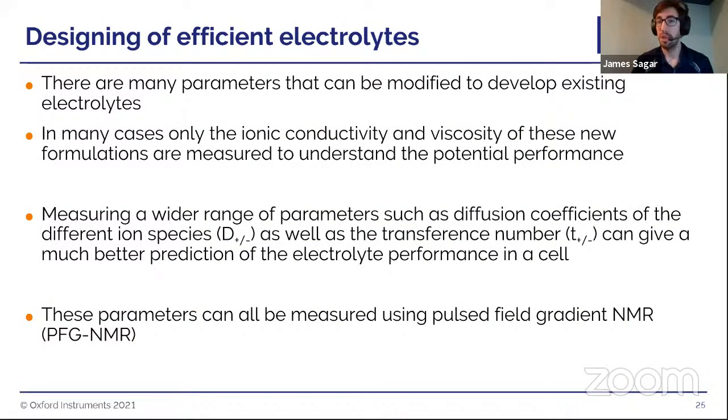There are many different parameters that can be modified with existing electrolytes. However, the ionic conductivity, viscosity, and transference are crucial to understand how that may perform in the final cell. So being able to measure a wider range of parameters, such as the diffusion coefficients, as well as transference numbers, can give us a much better understanding of exactly what that performance might look like. And we can do that with pulse field gradient NMR.